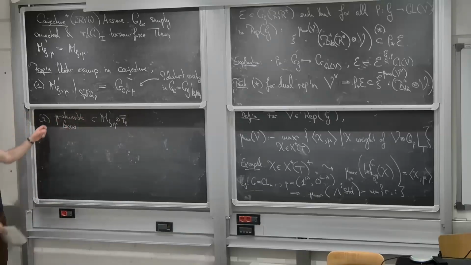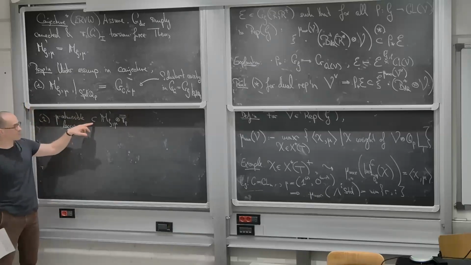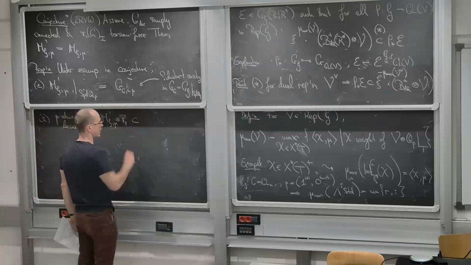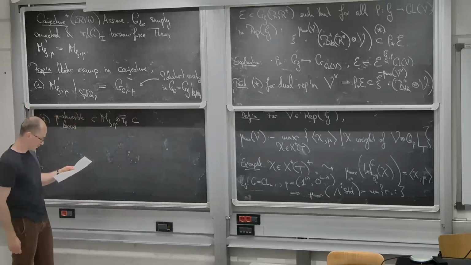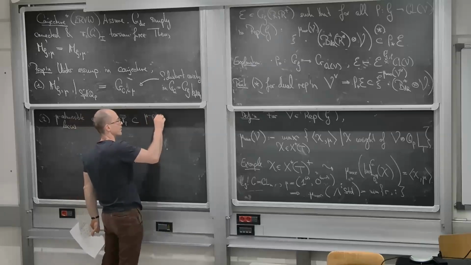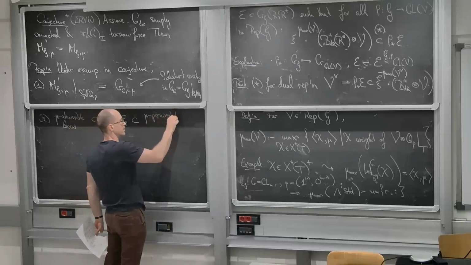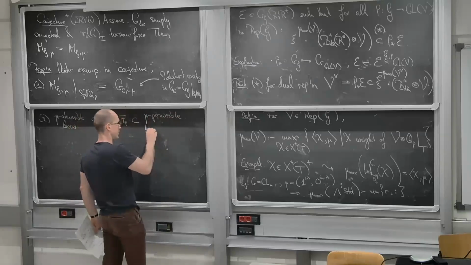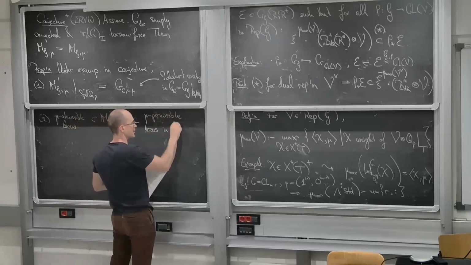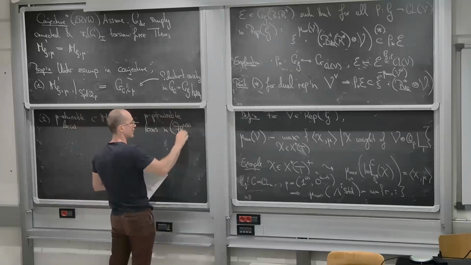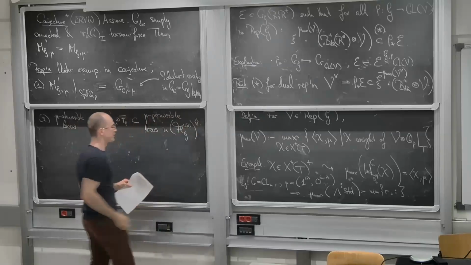And somehow the conjecture claims that this inclusion here is an equality. This we can't prove yet in this generality, but we can show that it's always contained in the so-called mu-permissible locus in the vector of inflectability.